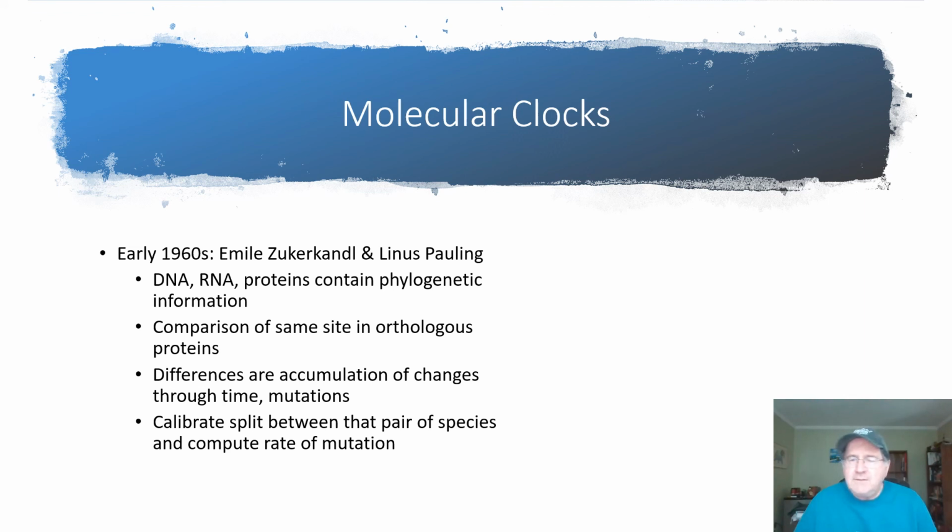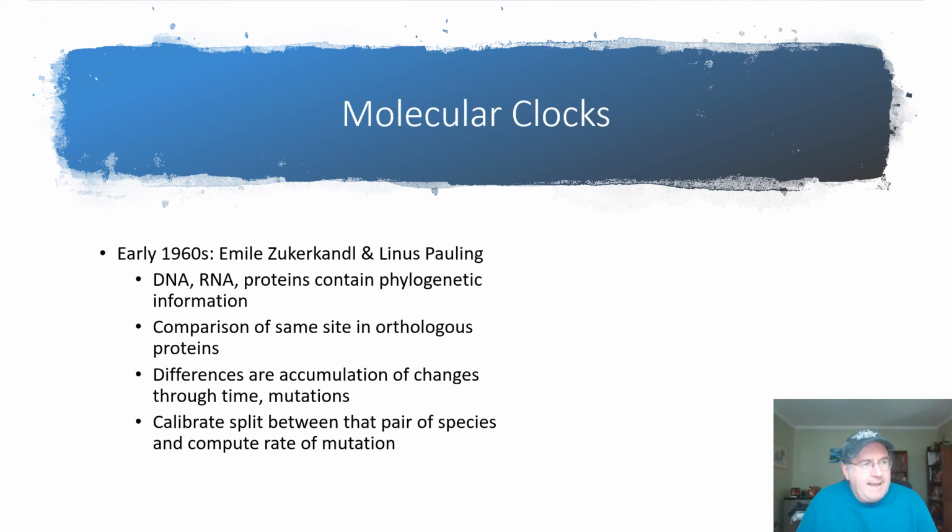Emil Zuckerkandl and Linus Pauling, I might have spoken about Linus Pauling before, actually had the insight that certain biomolecules carry information about the history of the organisms that possess them. And they pointed specifically to DNA, RNA, and proteins, that these contain information.